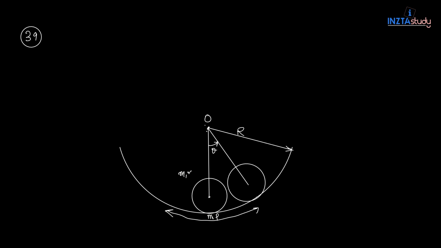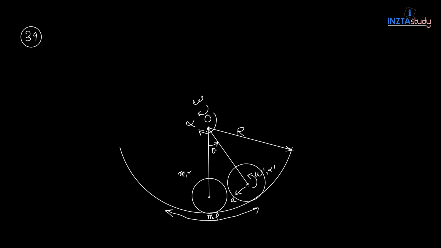Now we'll consider with respect to this point that the acceleration is alpha and the angular speed is omega. It is doing pure rolling, which means it is also moving with respect to its own center of mass, with acceleration a, angular speed omega dash and alpha dash.